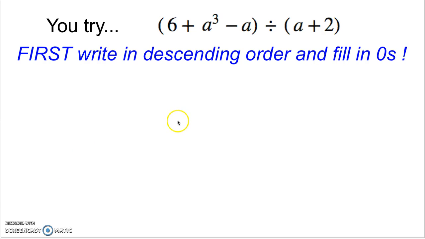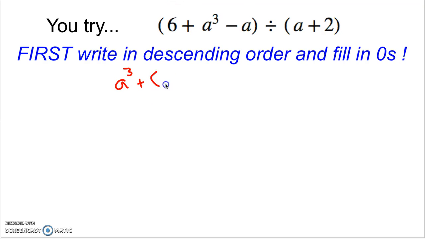Let's try one. I'd like you to try this one, but I want to help you get started because this is an example of one that is not only not already in descending order, but there is also something missing. So I know that to write this in descending order, a to the third has to come first. The next would be a squared, but you notice there isn't an a squared term.